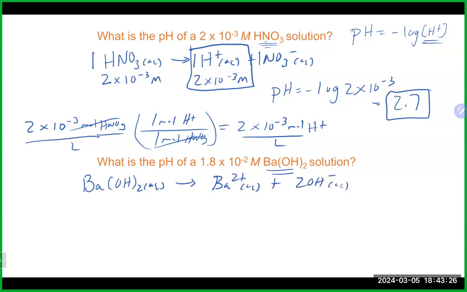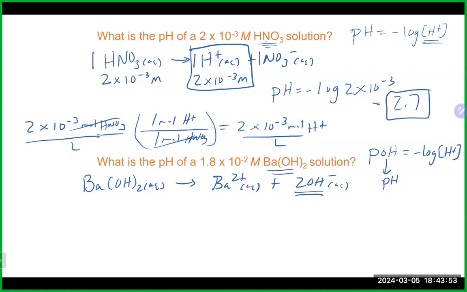In this particular case, because it is a base, we cannot calculate the pH directly, right? Because we don't have the H plus concentration, but we can figure out the OH minus concentration, which would allow us to calculate the pOH first. And then once we have the pOH, we could get to the pH probably by subtracting from 14 is the easiest move in that particular case.